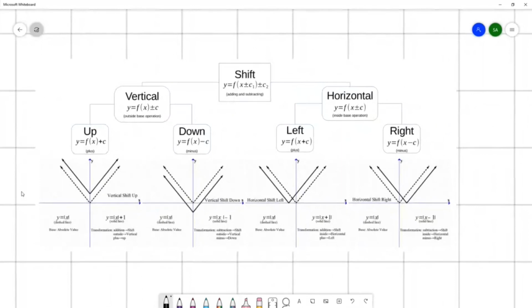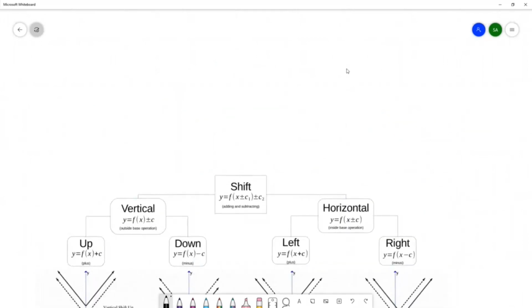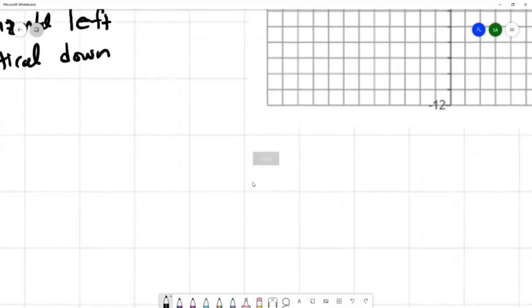This is all the information you have to have memorized about the shifts to know which direction. If your adding or subtracting is on the outside, it's a vertical shift. Plus is up, minus is down. If you have your adding or subtracting on the inside of the function, it's horizontal, and plus is to the left, minus is to the right. So that's where I got that information from, just some facts about transformations that I've memorized.